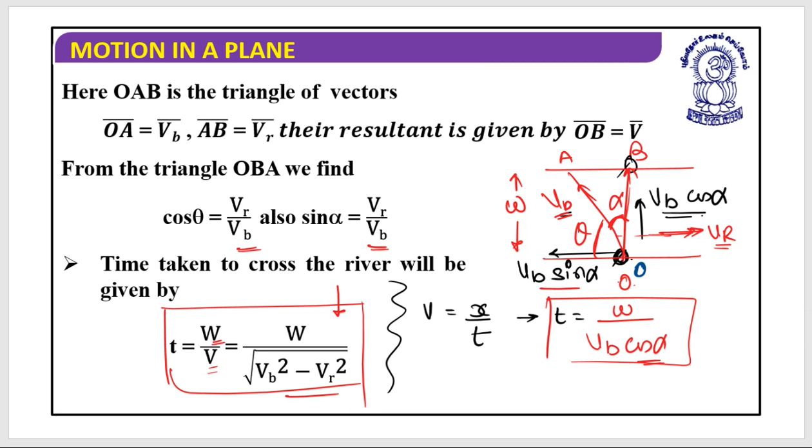So one more condition should be there, that this vector and this vector should be the same in magnitude. So one more condition to travel in the shortest path would be VR should be equal to VB sin alpha. Please remember this. This is a very important topic. VR should be equal to VB sin alpha.